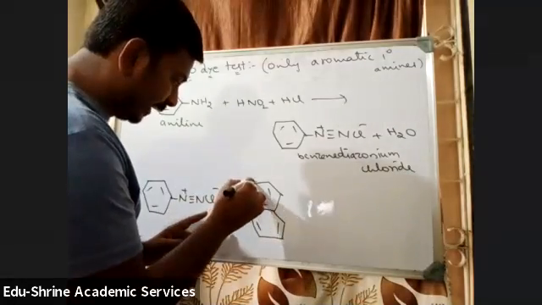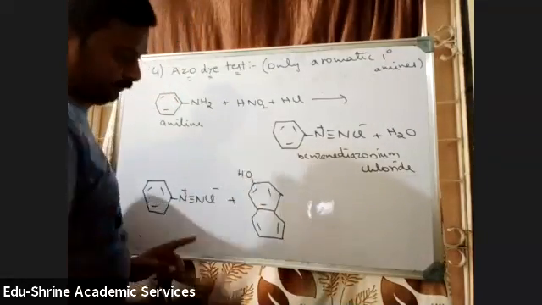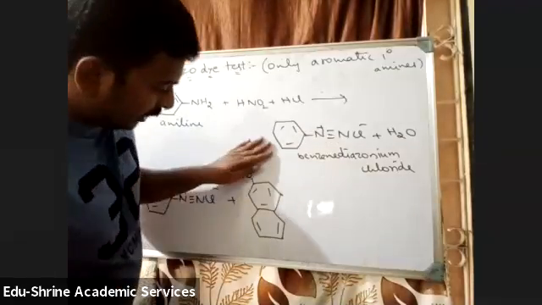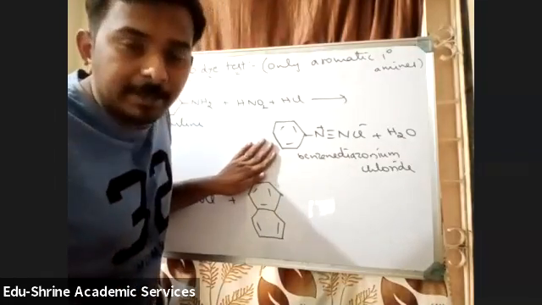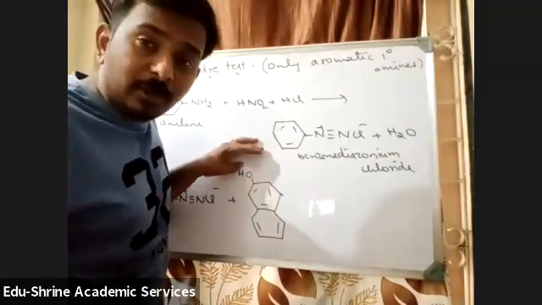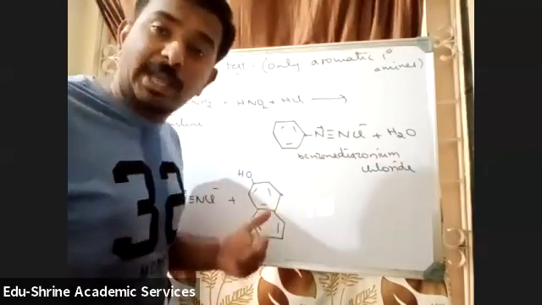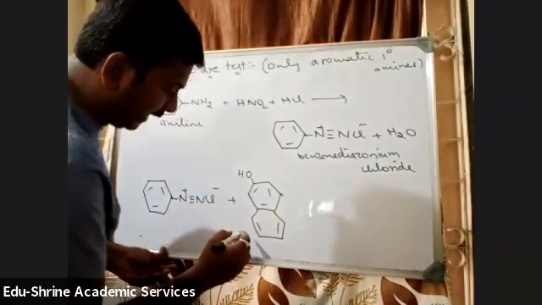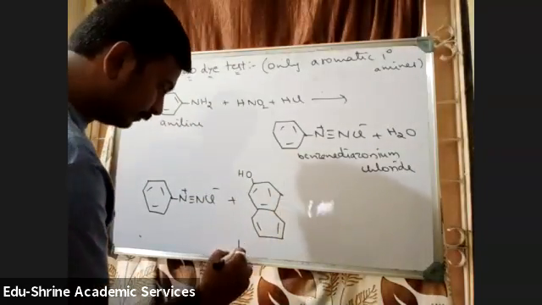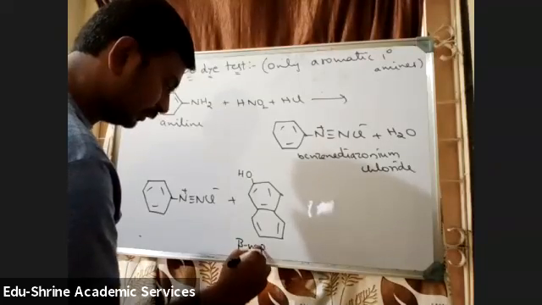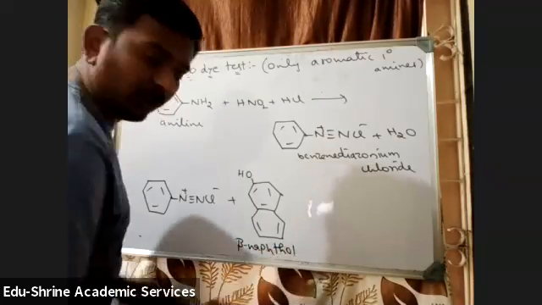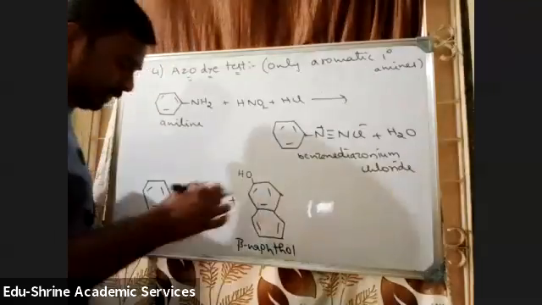On one of the benzene rings, there will be an OH. Without this OH, it is naphthalene. If there is an OH group, it is called beta naphthol or 2-naphthol. Beta naphthol is the common name. The IUPAC name is 2-naphthol.